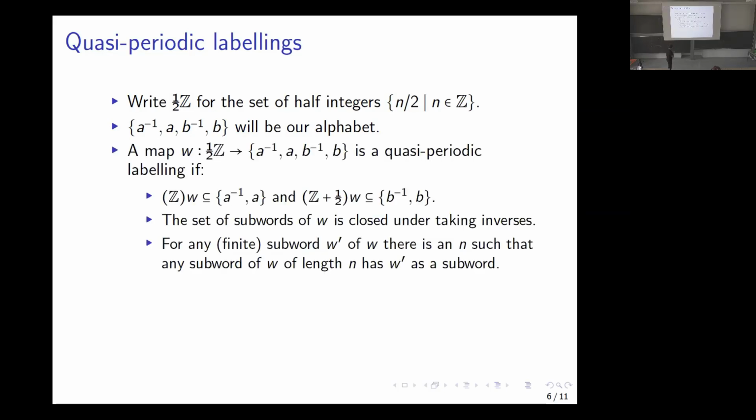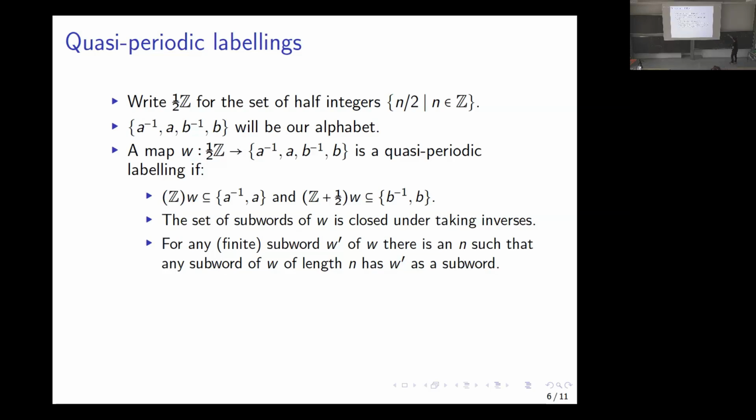Okay. So I want to give an example of what a quasi-periodic labeling is. Okay, so imagine we have these half-integers. Okay, so we want to label the integers by A's and B's.